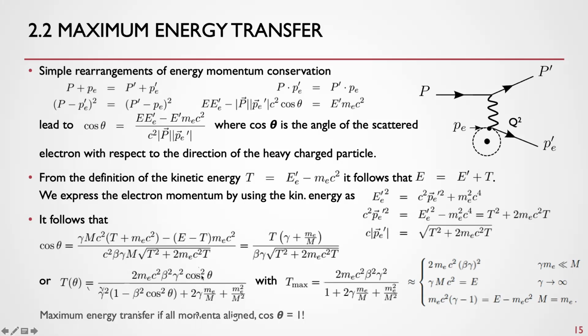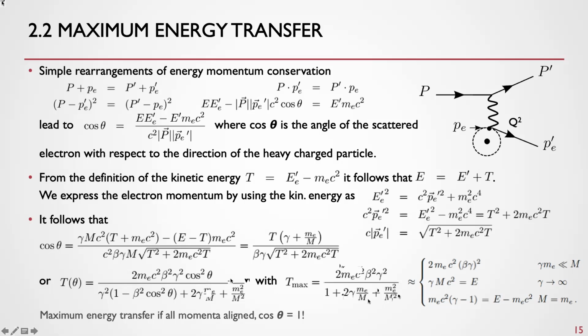So when the heavy particle hits the electron head-on, then we have maximum energy transfer. If we do so, T max, the maximum energy transfer, is given by this more simple formula, which we can now look into for different cases.